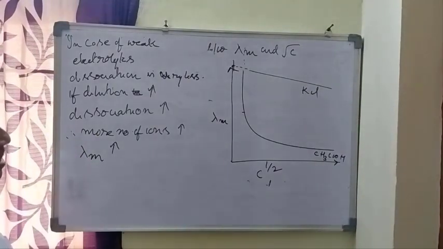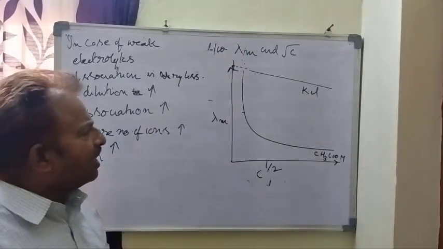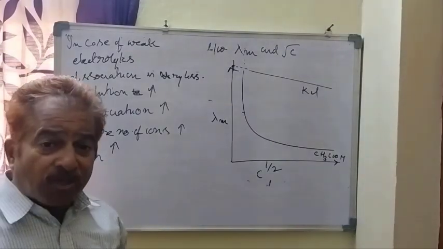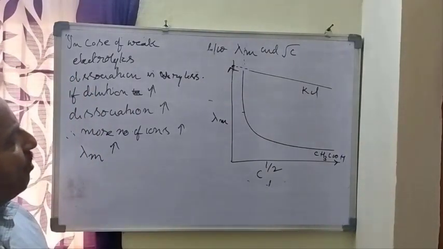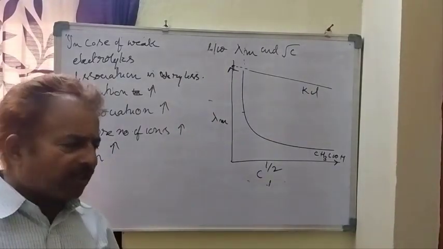Now, as we discussed previously, the limiting molar conductivity of weak electrolytes cannot be found directly because the curve does not meet the y-axis, as it goes parallel to the y-axis.